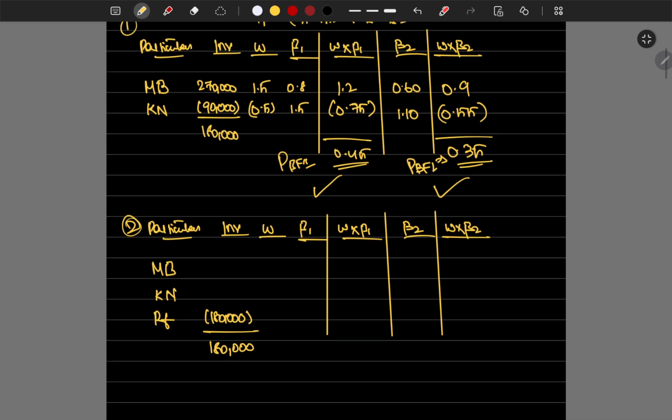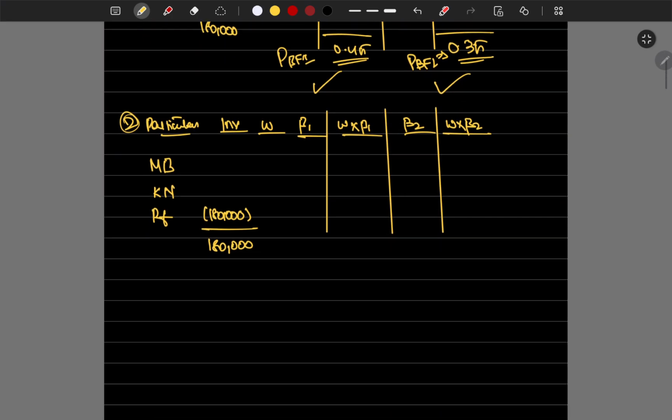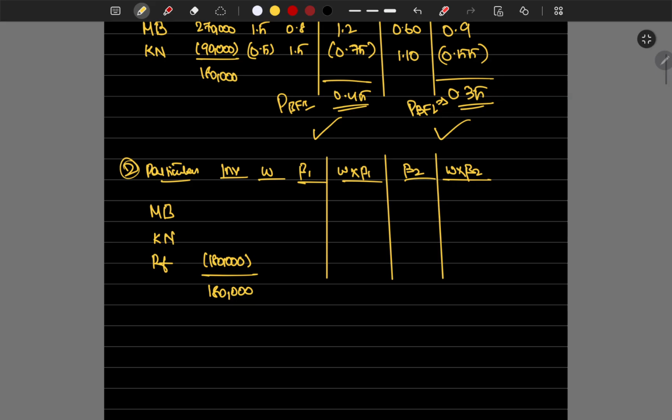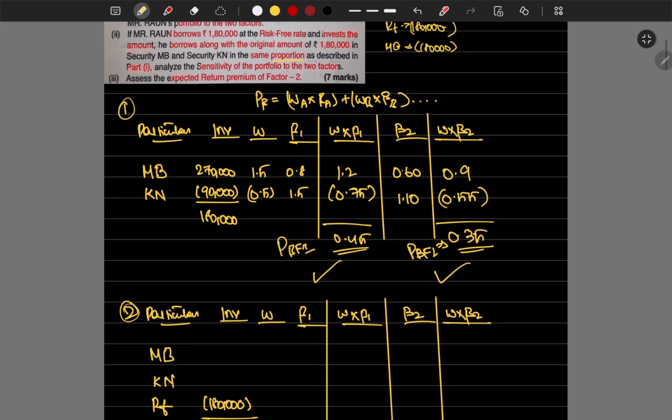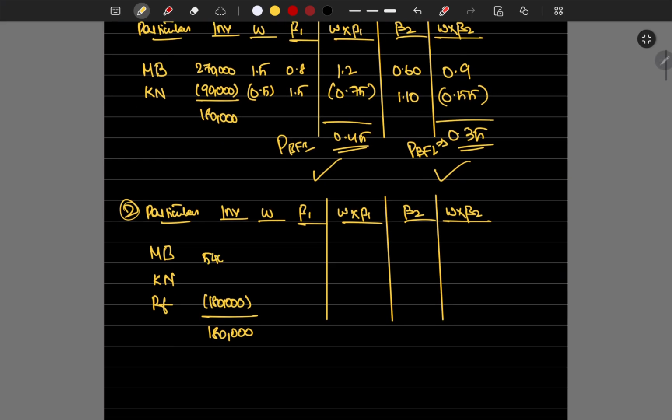They are putting in the same proportion as in part 1. Here, since our investing capacity is doubled, our allocations in MB and KN also double. So the same proportion means 2,70,000 into 2 is 5,40,000, and 90,000 into 2 is 1,80,000. Then 5,40,000 divided by 1,80,000 is 3, which is the weight.